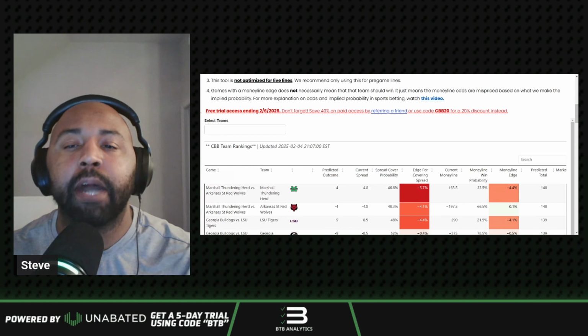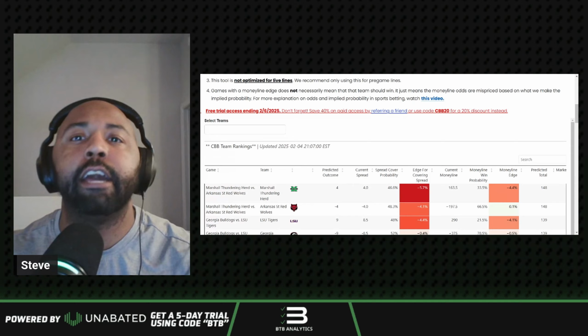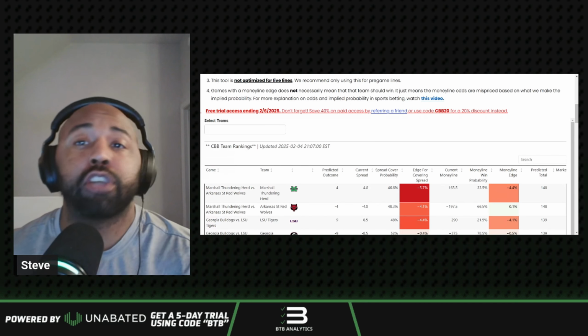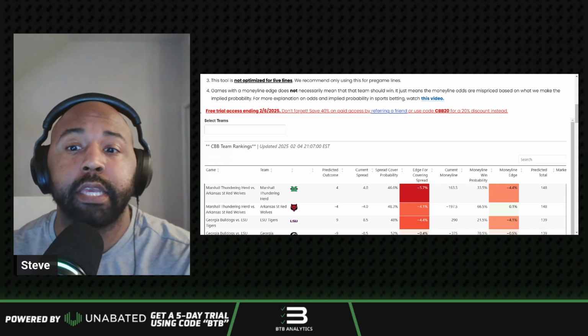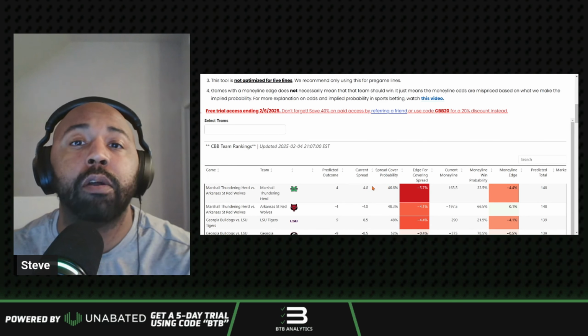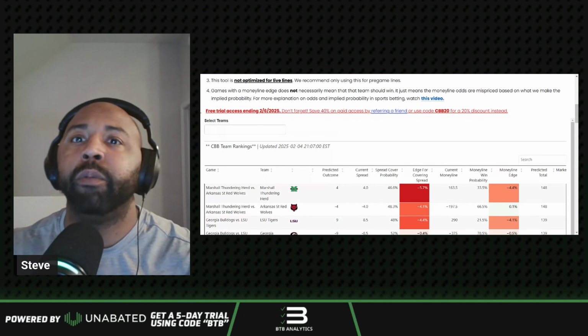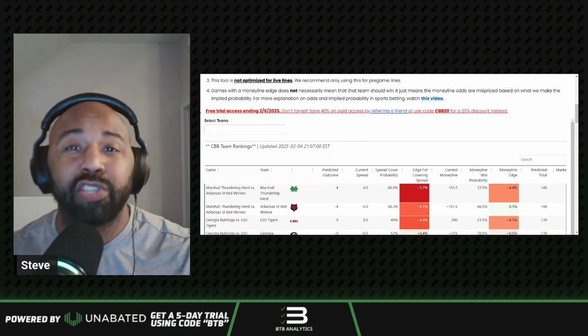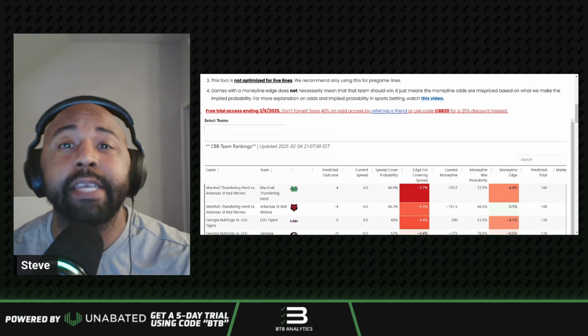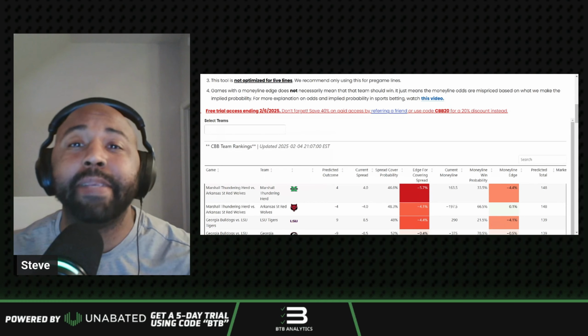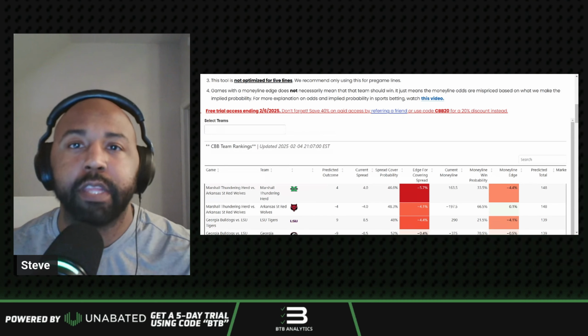These models are assuming you're a fully healthy squad. So if a star player or two are out for a team, you may see the model predict a number and the market or the sportsbooks be way, way different. If it's too good to be true, it probably is. Be sure to make sure you're not missing a key thing with an injury.